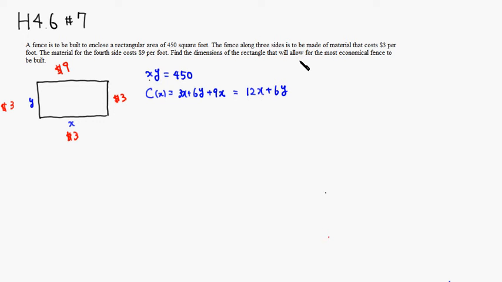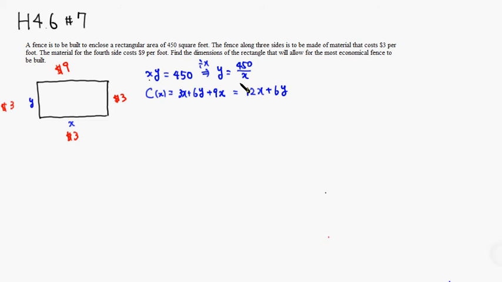Since we do not want to deal with both x and y, I can use the area equation to get rid of y. Divide through by x, and we get y equals 450 over x.